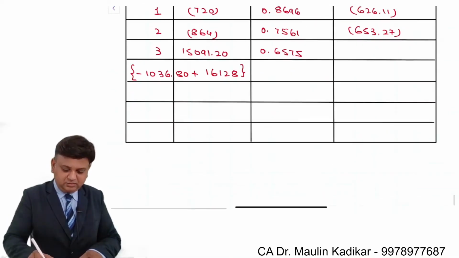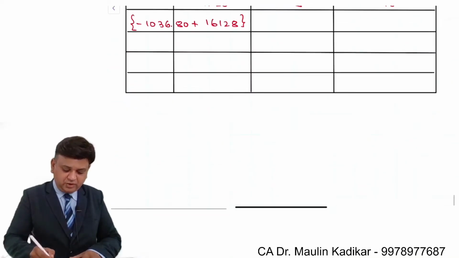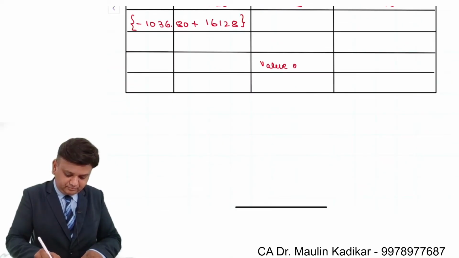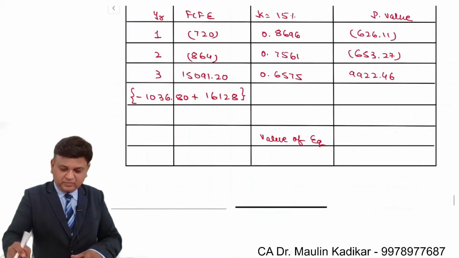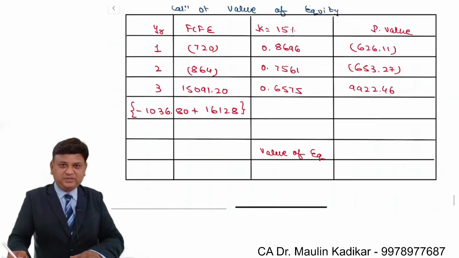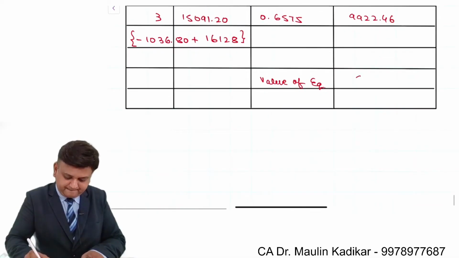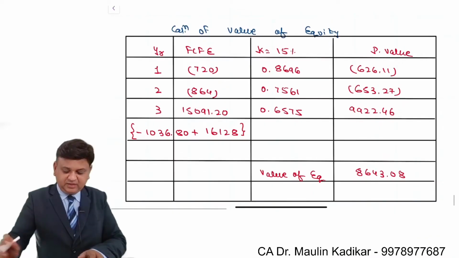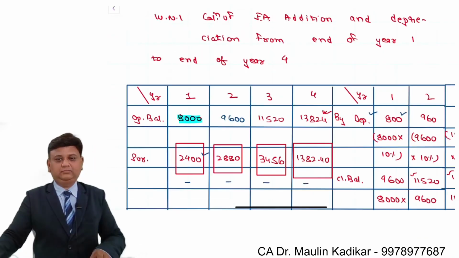That is cash inflow, 9922.46. Total of all of them is value of equity. So the final answer comes to 8643.08. That is the value of equity. This is the value of the equity with new sales strategy.